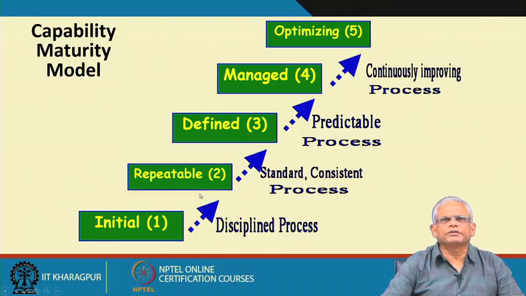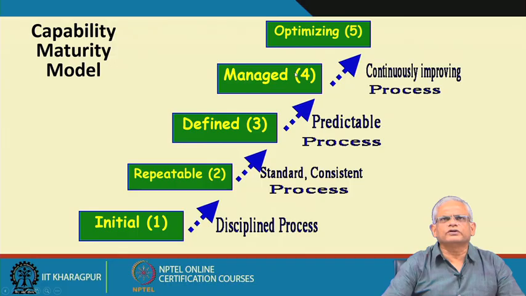Here in the disciplined process and the repeatable, the project management is there, and also the process is disciplined, everybody has the process in their mind, but there can be variation across the different developers. In level 3 there is a standard consistent process, and this can be achieved only when the process is documented.